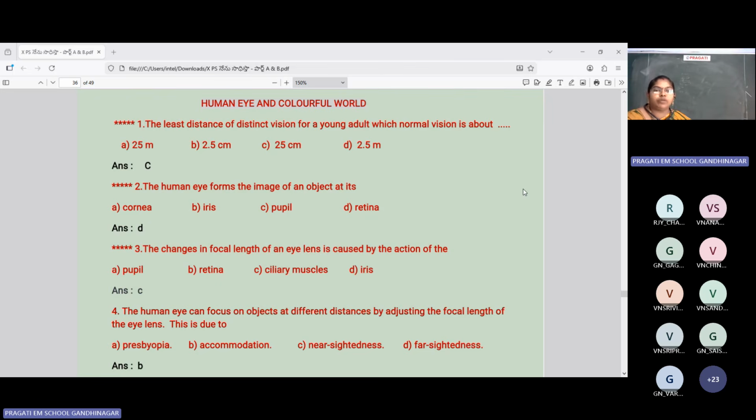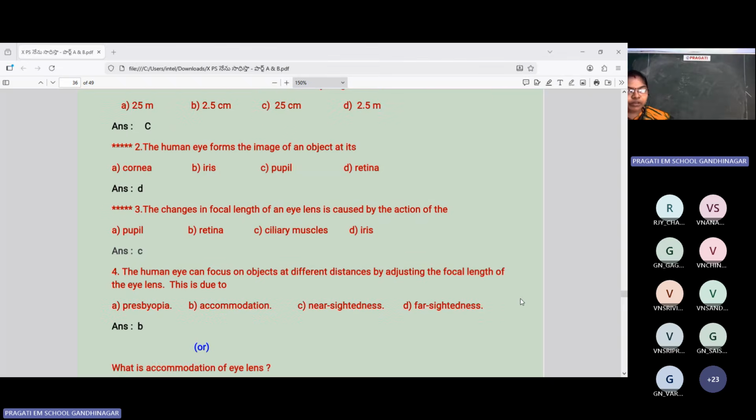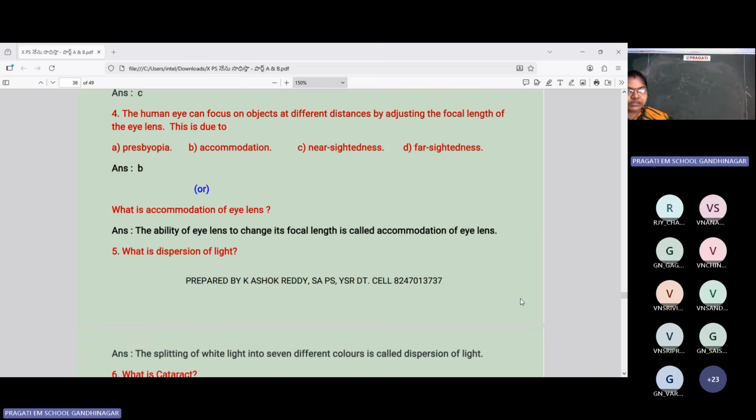The human eye forms the image of an object at its retina. The changes in the focal length of the eye lens are caused by the action of ciliary muscles. The human eye can focus on objects at different distances by adjusting the focal length of the eye lens. This is due to accommodation, which can be done by the action of ciliary muscles.